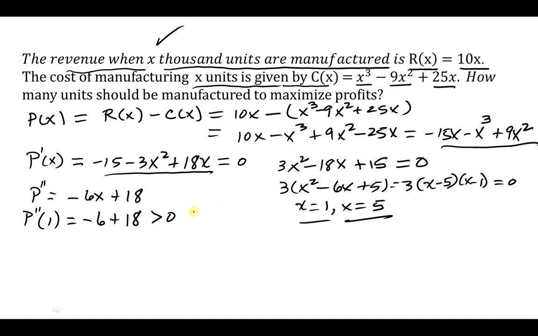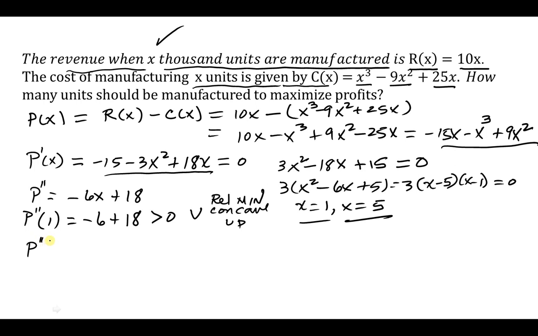That means it's concave up. So this is a relative minimum, and that would actually minimize our profits.